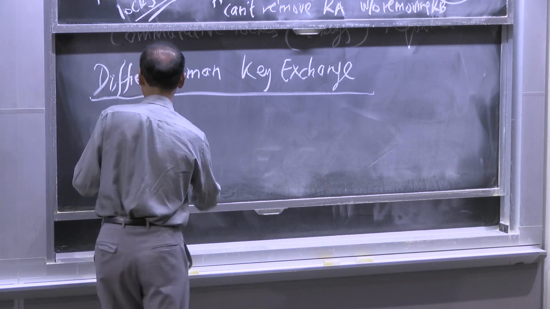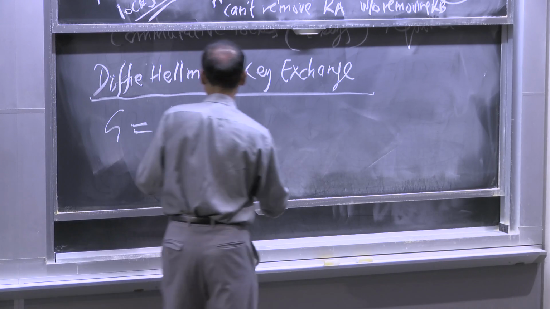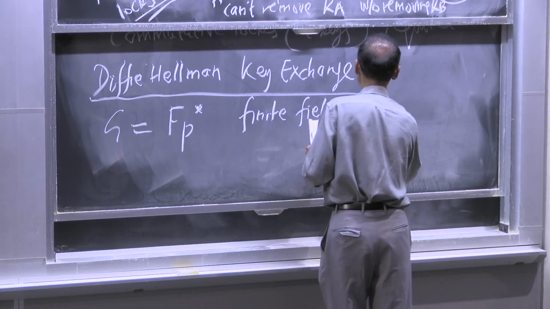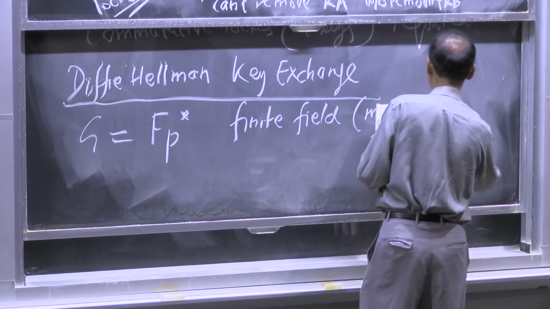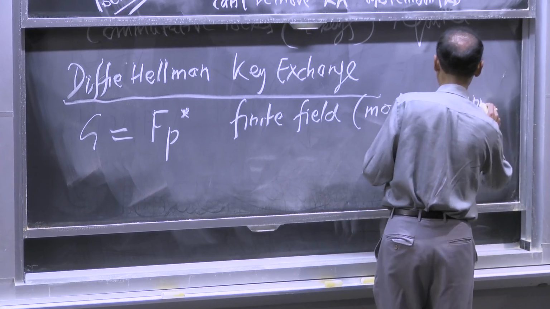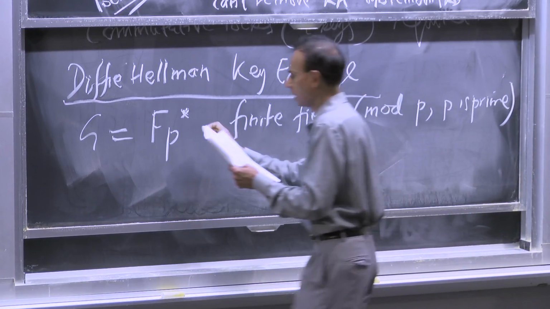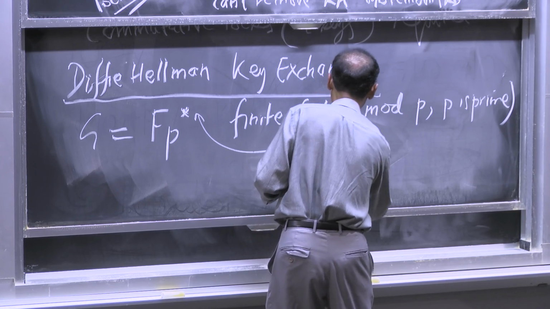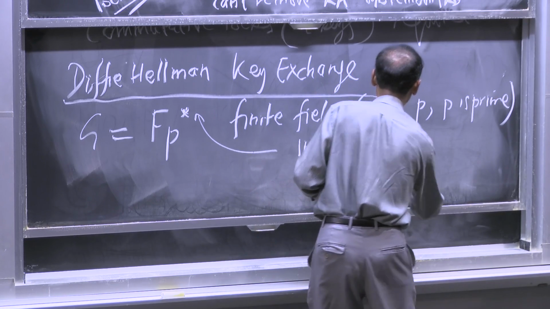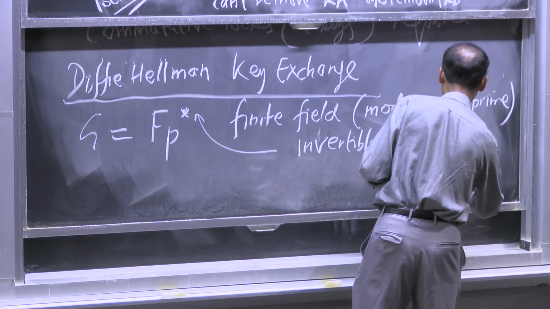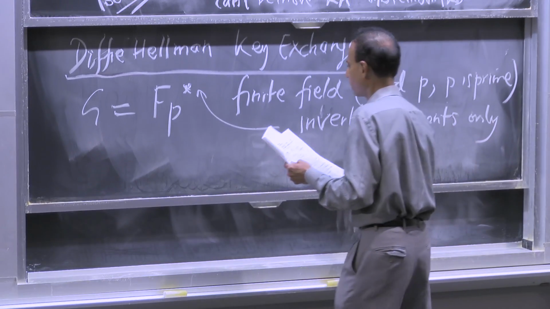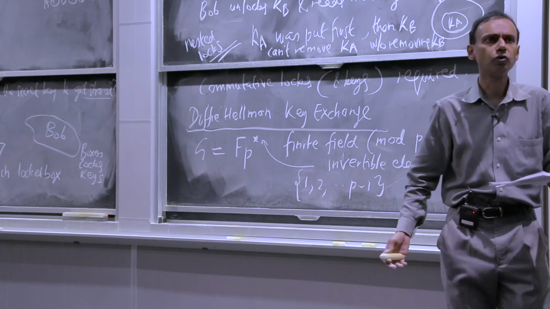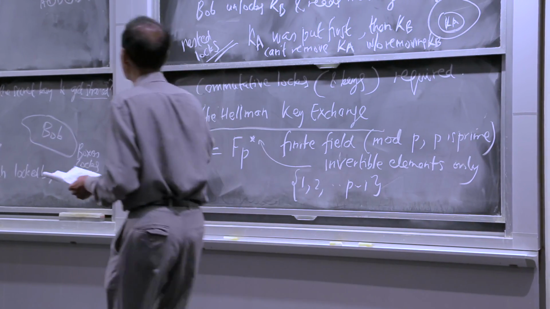So what we're going to do is work in a finite field Fp star, and the finite field means that we're going to be doing mod p, where p is prime, and the star means we're only looking at invertible elements. So we drop the non-invertible elements. These things aren't particularly important. And so we'll drop 0, and we'll be looking at 1, 2 to p minus 1. So all the numbers that you see are going to be 1 through p minus 1.